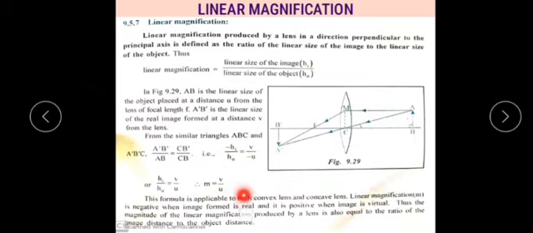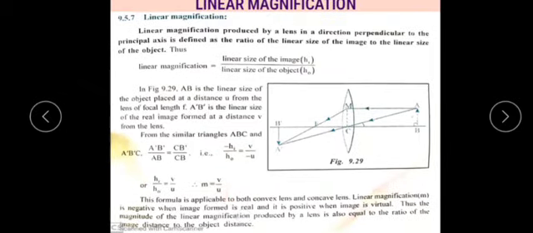This is the expression for linear magnification. This formula is applicable to both convex lens and concave lens. The linear magnification m is taken negative when the image is real, and positive when the image is virtual.